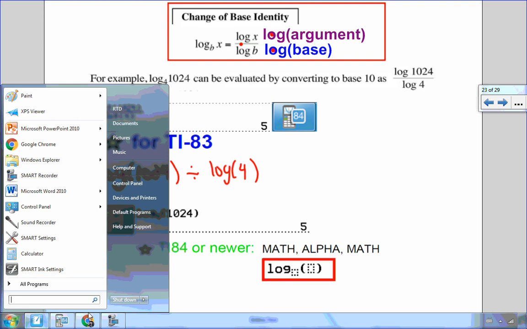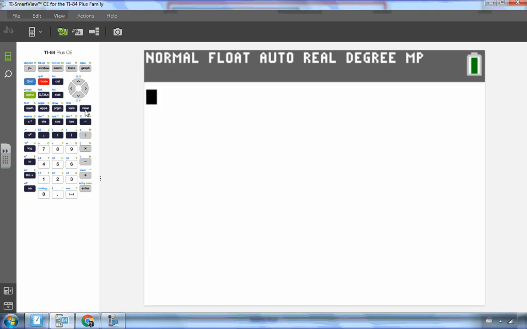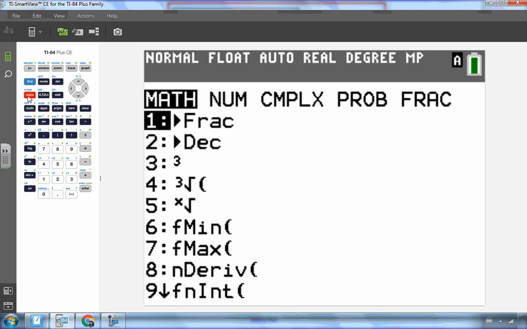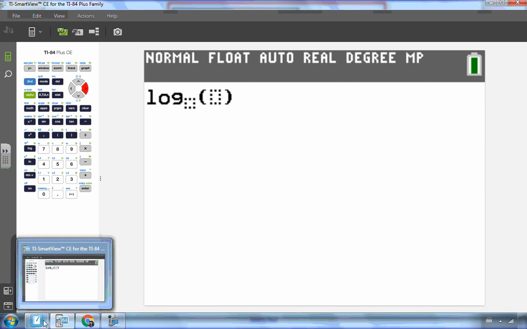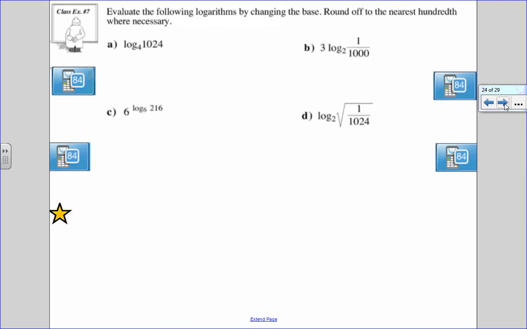Let me just show you on your calculator what that would look like. So if I were to go out on my main screen, I'm just going to hit math, alpha, math. And you see, you get that little log template. Then you can put in any base you want, and if you toggle over it, you can put in any argument you want. So that's how the 84s do it. But this change of base is how the 83s put it into their calculator.